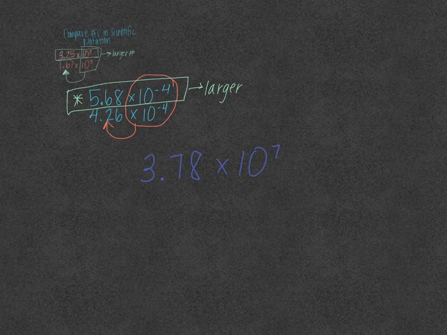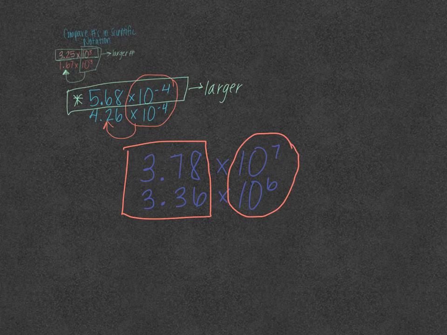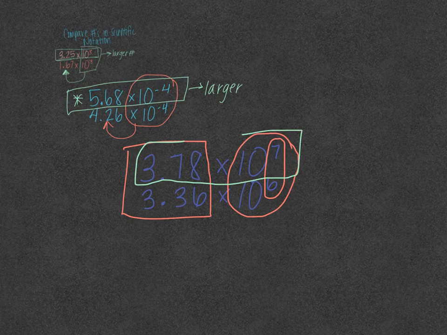And then we're going to do 3.36 times 10 to the sixth power. So even though our coefficients are fairly close, if we look at our powers of 10, we have 7 and 6. And because 7 is bigger than 6, then our larger number is going to be 3.78 times 10 to the seventh power.